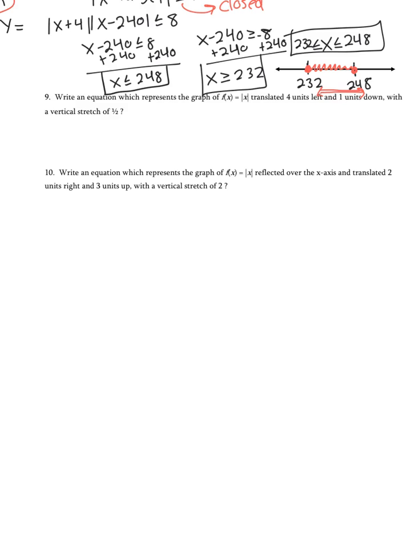If I'm moving 1 unit down, a movement up or down happens in the back, so you'd have a -1. And then you've got a vertical compression of 1/2. A vertical stretch or compression happens in front of the absolute value bars, and I'm going to put a 1/2 here. So that would be your equation.